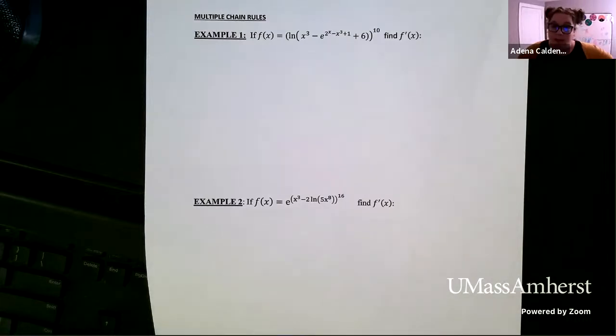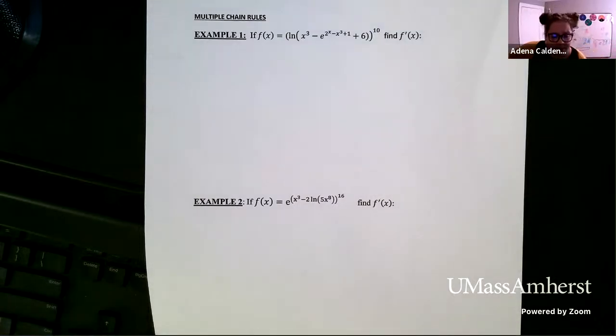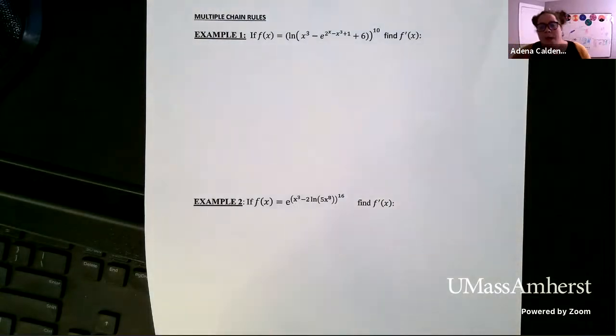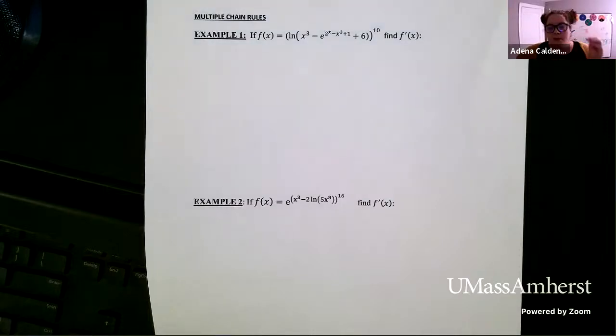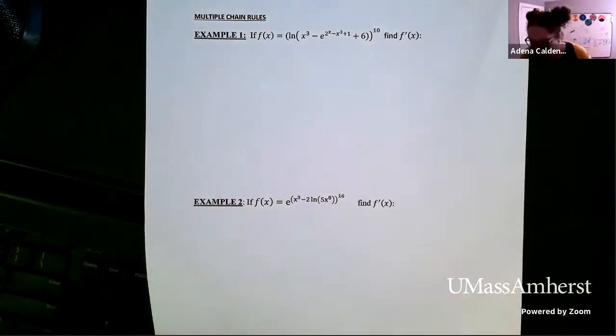So these are not easy. These are definitely on the harder end of the types of chain rules that you would have to do for sure. And so if it seems really overwhelming at first, that's okay. If we're really careful about being organized, we can figure out how to approach these. So we're going to do the first one together, and then I'll have you try the second one.